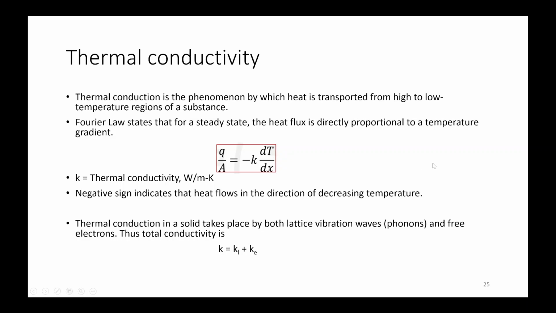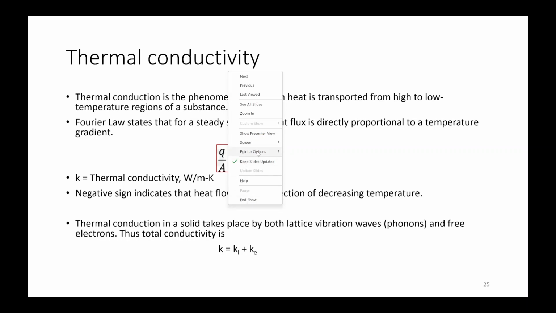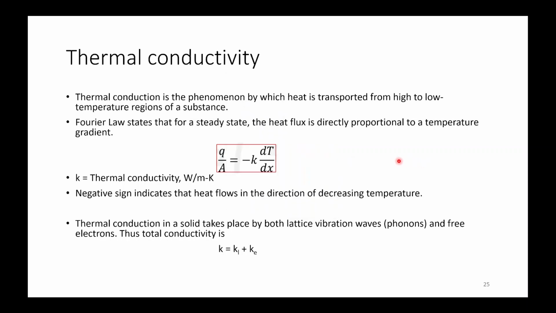So with change in distance along a particular, let me use the pointer, if this is your metal rod, along the x direction with changing distance, you measure your temperature, that will be your temperature gradient.